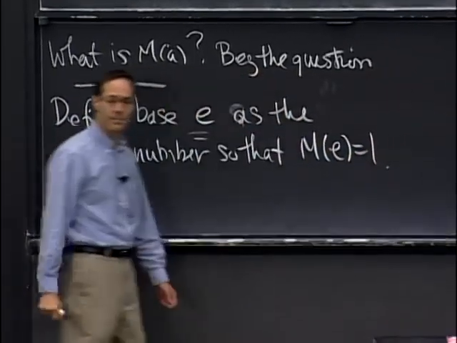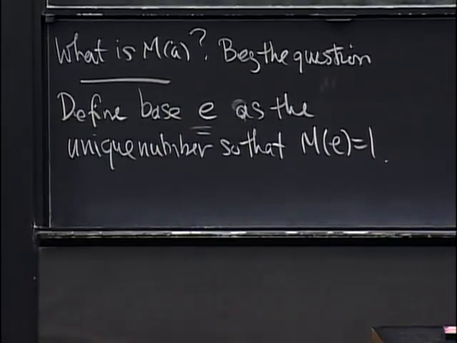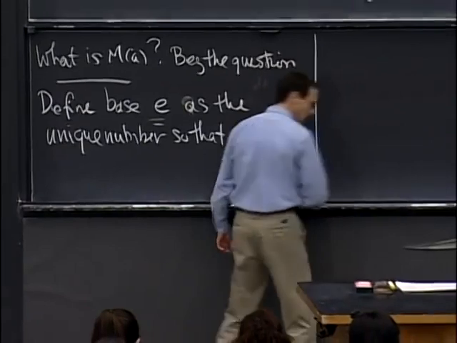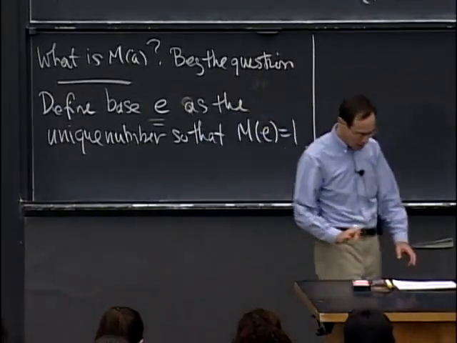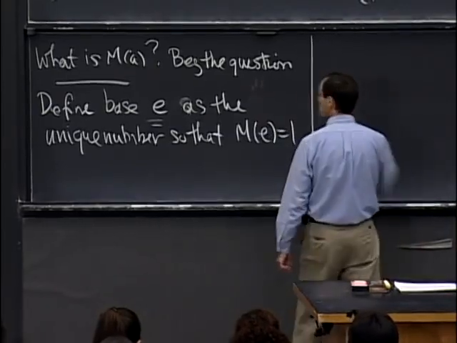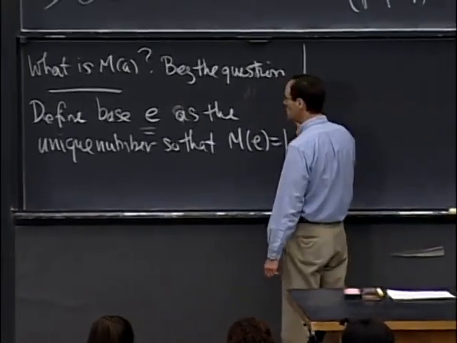All right, that's the trick that we're going to use. We don't yet know what e is, but we're just going to suppose that we have it. Now, I'm going to show you a bunch of consequences of this, and also I have to persuade you that it actually does exist.